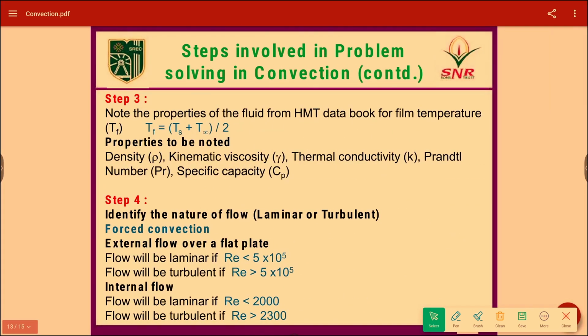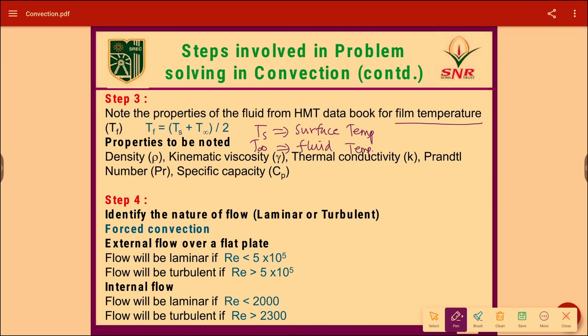The third step is calculating the properties of the fluid. What is the mean temperature, or the film temperature, of the fluid? T_F stands for the film temperature. T_S is the surface temperature, and on the other hand, T infinity is the fluid temperature.